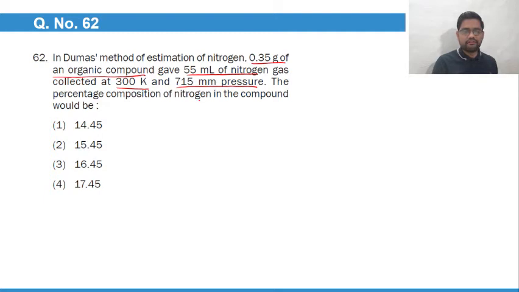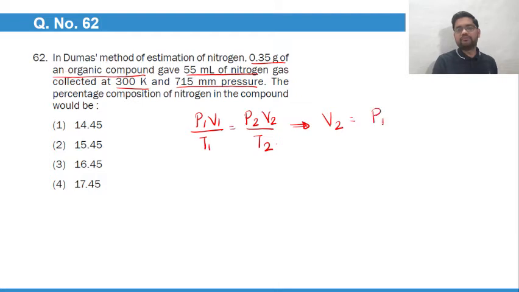So here we simply have to take P1 V1 by T1 is equal to P2 V2 by T2. This is a simple thing that we need to take. So from here we'll get V2. So V2 will be equal to P1 V1 by T1 into T2 by P2.